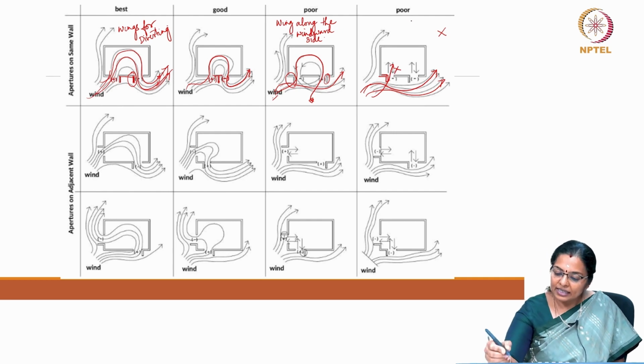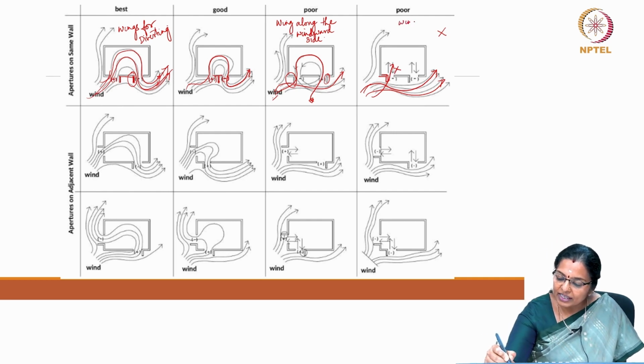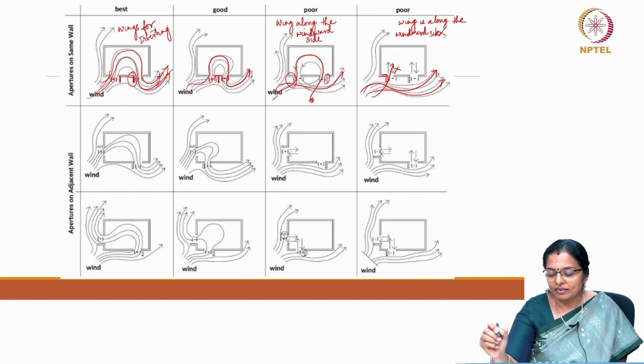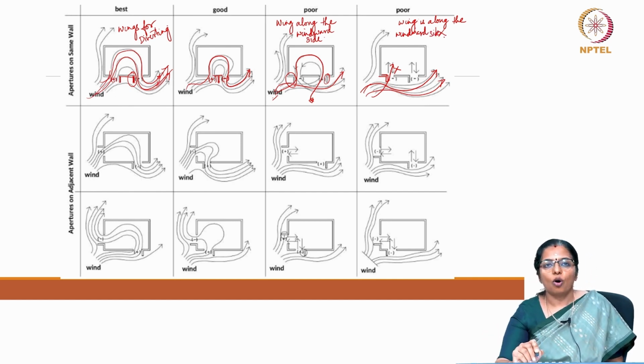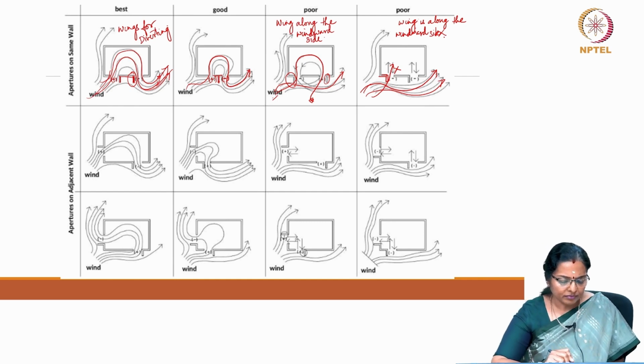And hence, even in this case, the wing is along the windward side, making it a very, very poor strategy of ventilation.